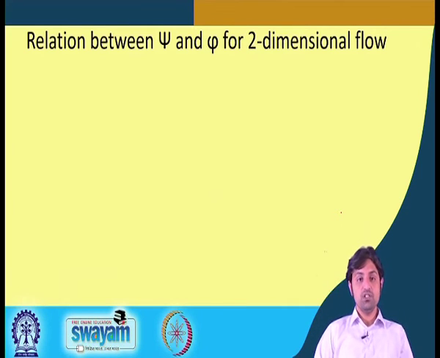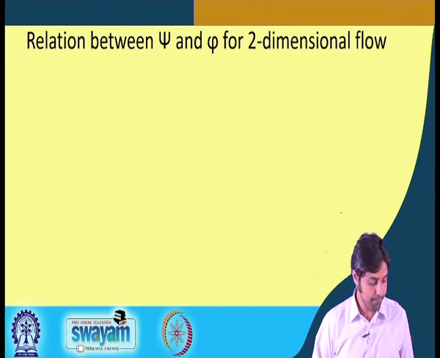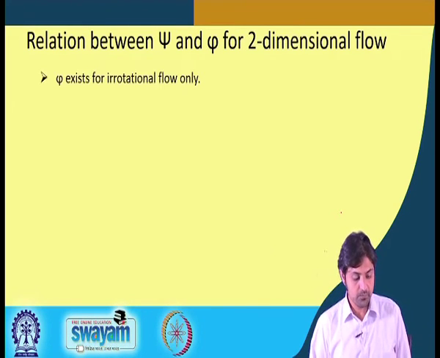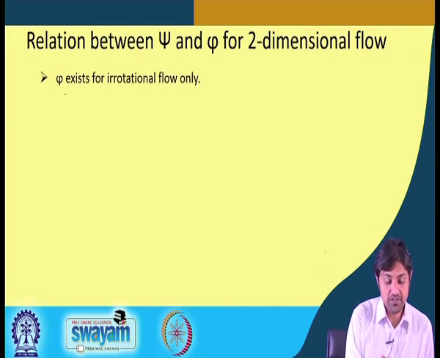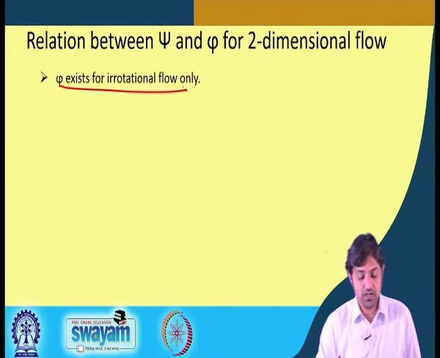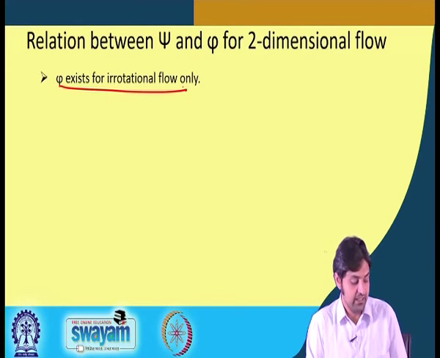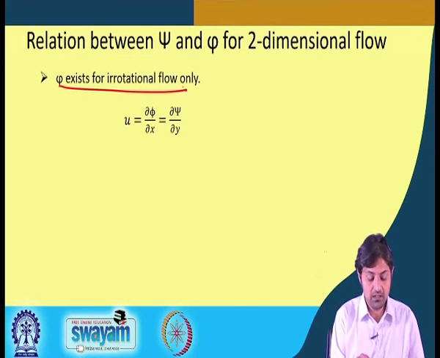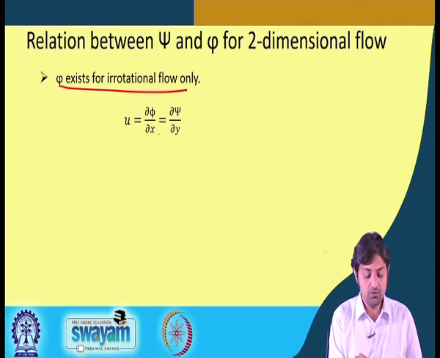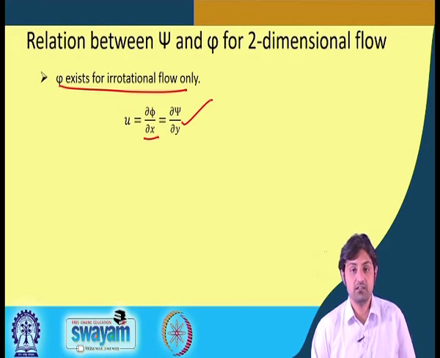Now, the relationship between phi and psi for two-dimensional flow. As we have seen, phi exists for an irrotational flow only. Then u is equal to del phi by del x, the velocity potential, which is equal to del psi by del y.